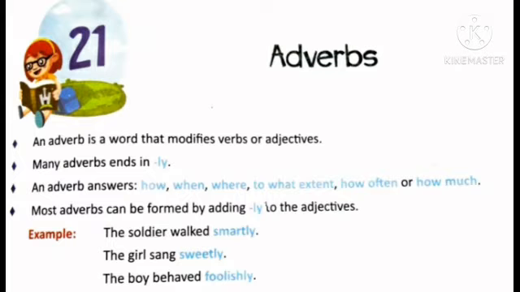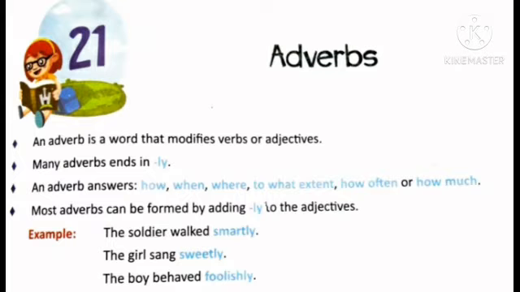Many adverbs end in ly, like slowly, smartly, foolishly. An adverb answers how, when, where, to what extent, how often, or how much. Most adverbs can be formed by adding ly to the adjectives.